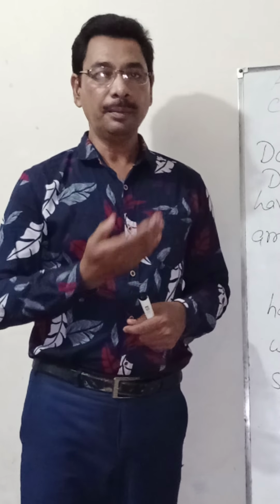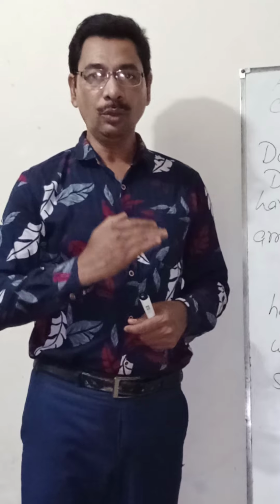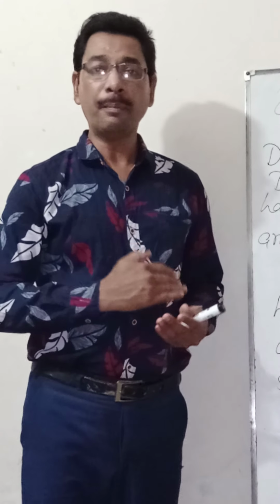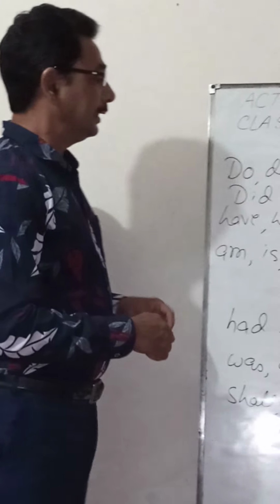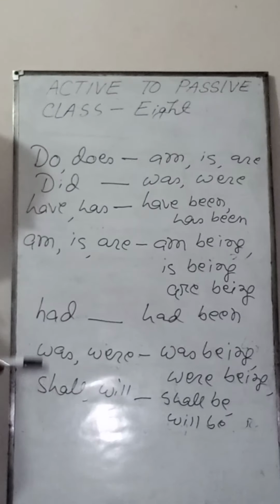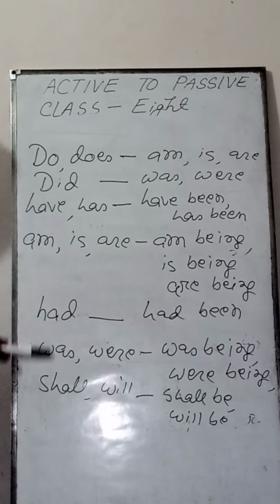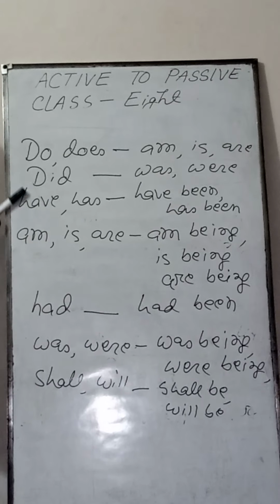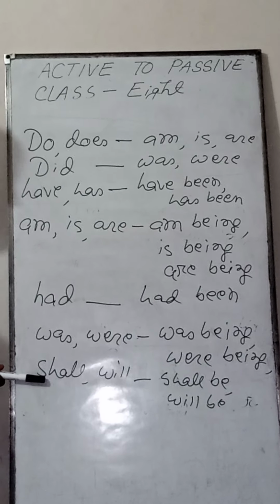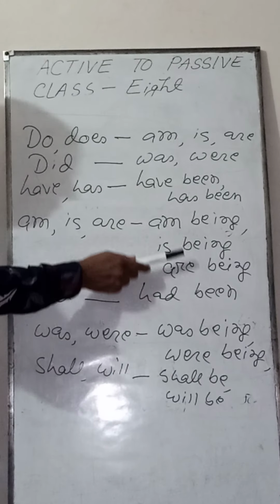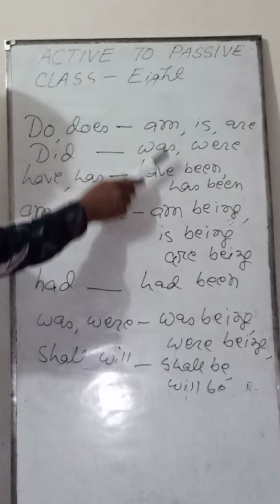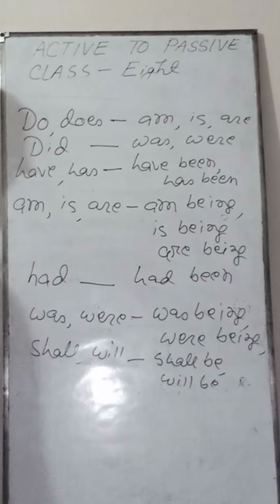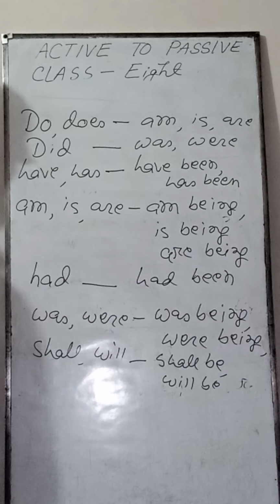Similarly, may be, should be, would be, could be, must be. These are the auxiliary verbs that will be given in the sentences, and you have to write these in the sentences from active to passive. But you have to memorize it.